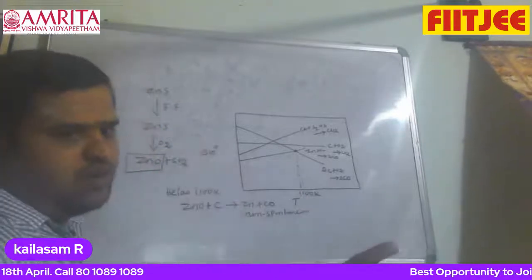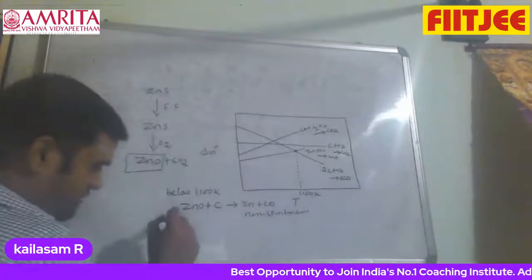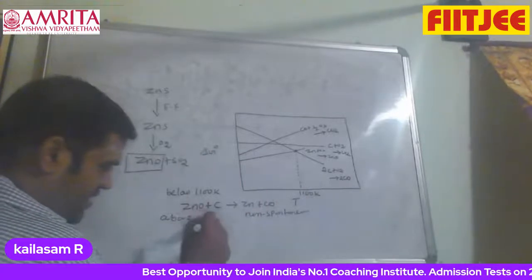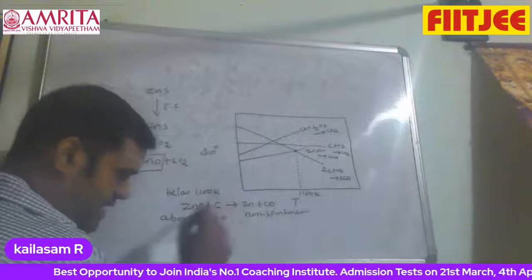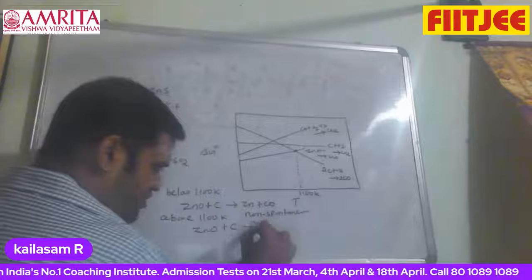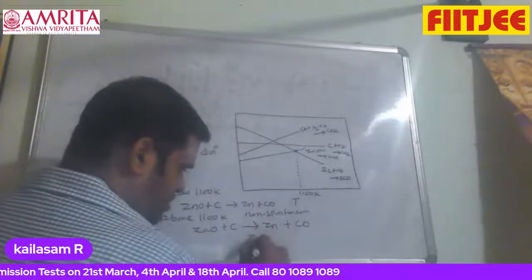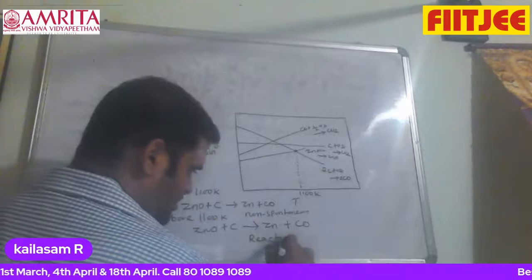At 1100 Kelvin, the reaction is at equilibrium. Above 1100 Kelvin, ZnO plus C gives Zn plus CO, and the reaction is spontaneous.